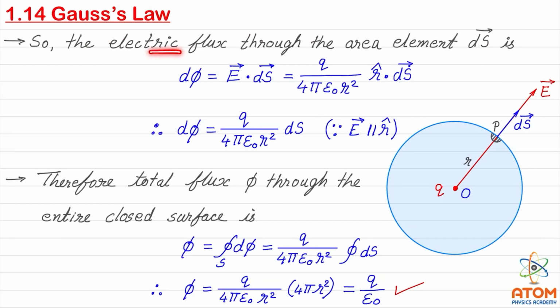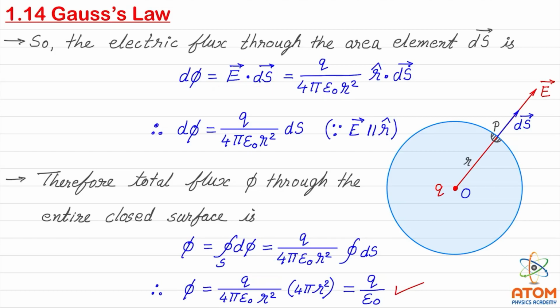So the electric flux through the area element ds is d phi is equal to E dot ds. We are using the equation of flux, and because this is a small area element and the electric field is E and the area vector of this element is ds, so the small flux d phi can be written as dot product of E and ds. So it is E dot ds.